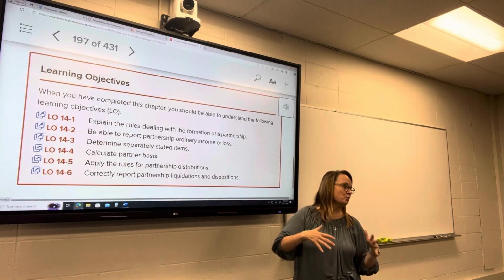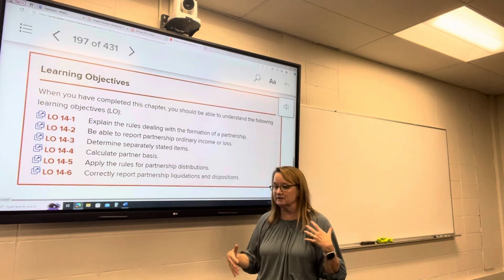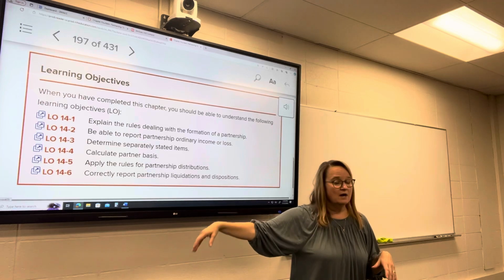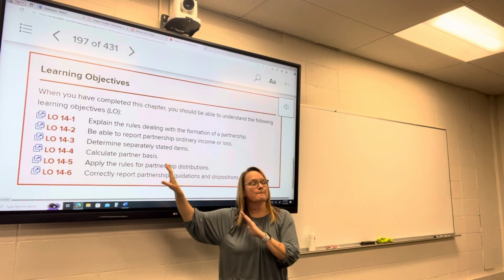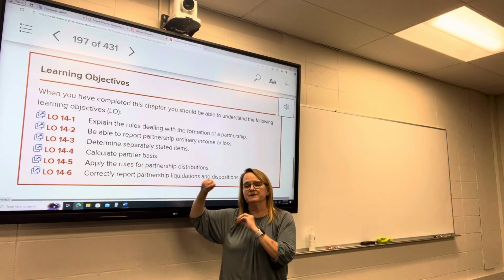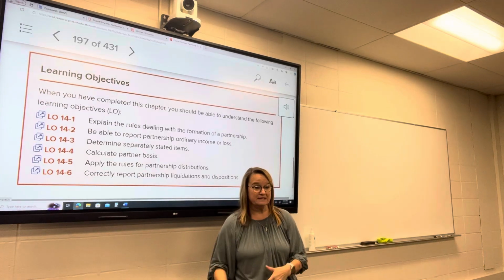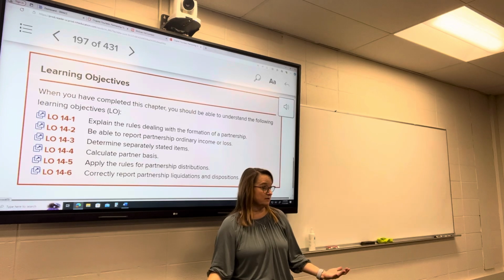So we're going to go through what types of transactions happen to affect that changing partner basis over time. And this is important to keep track of, because if the partner ever sells their portion of the partnership, it's an asset, so it will have a gain or loss associated with it.